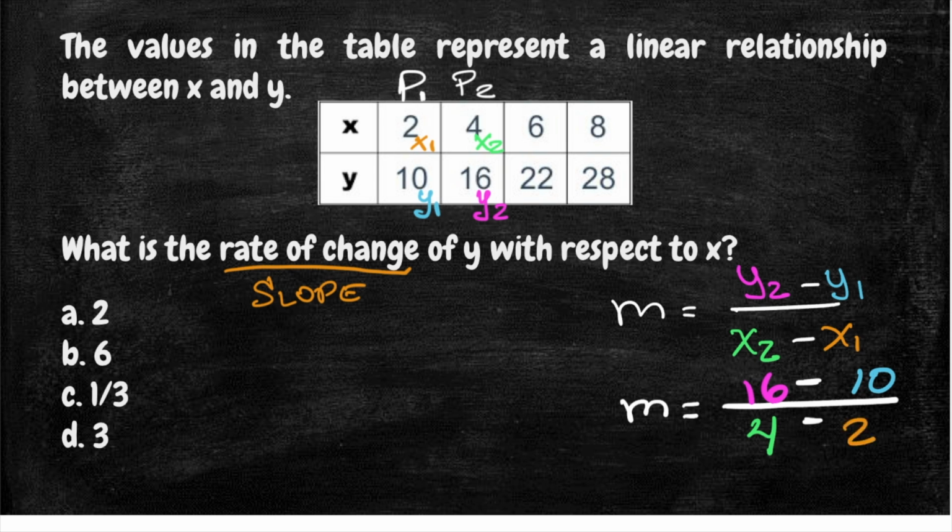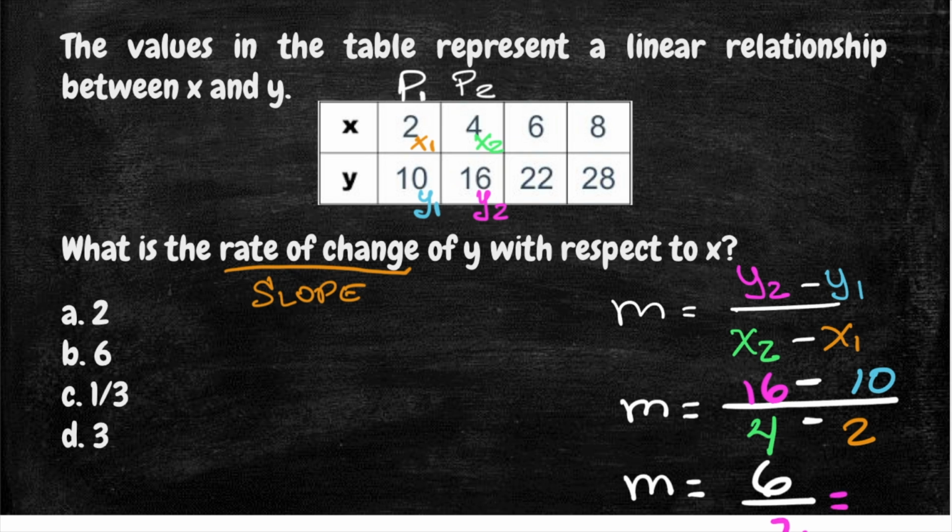So all that I have to do now is just do my math. So in this case, this will be m equals, and then we have 16 minus 10. That'll give me 6 over, I have now 4 minus 2, which happens to be a 2.